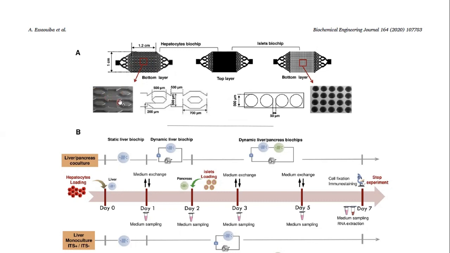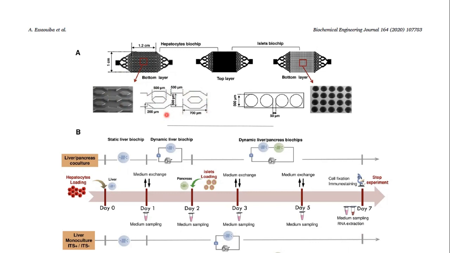These chambers measure 1.2 centimeters in length, and it's observed here. All of the system, the channels with the chamber, 1.2 centimeters in length, 1 centimeter in width, and 100 micrometers in height.